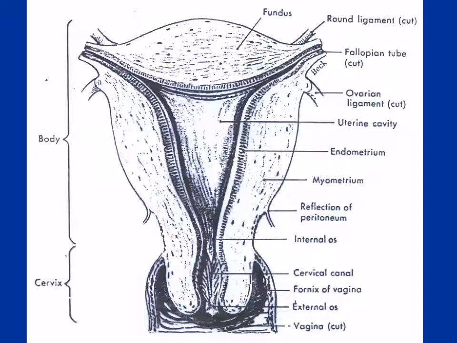The uterus as a whole consists of body and cervix. The cervix is composed of internal os, external os, cervical canal, and fornix of the vagina, because there is a lateral fornix, anterior and posterior fornices.